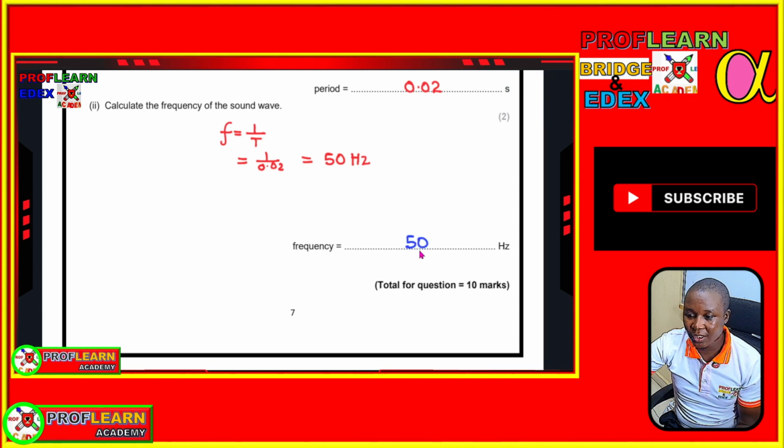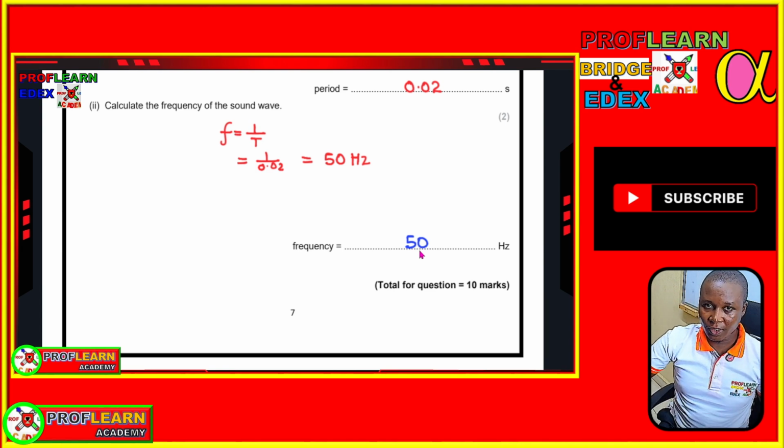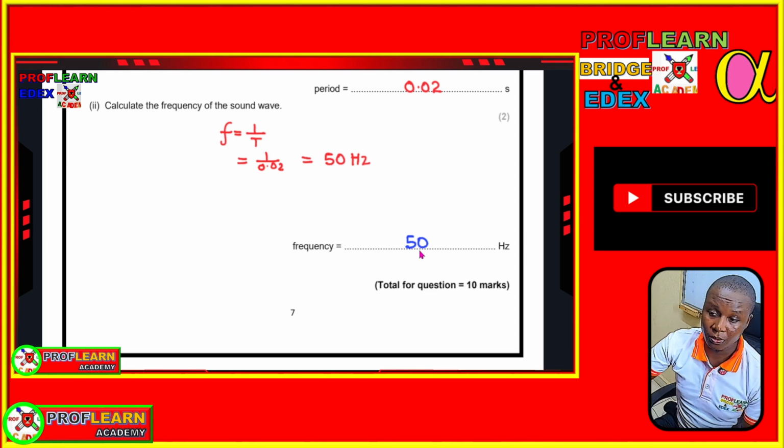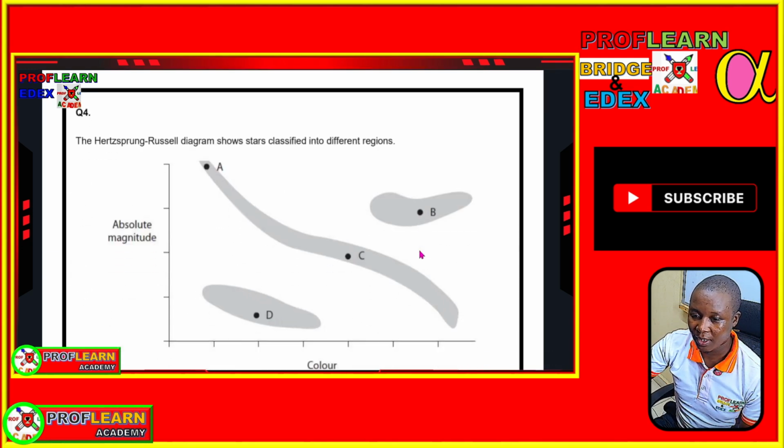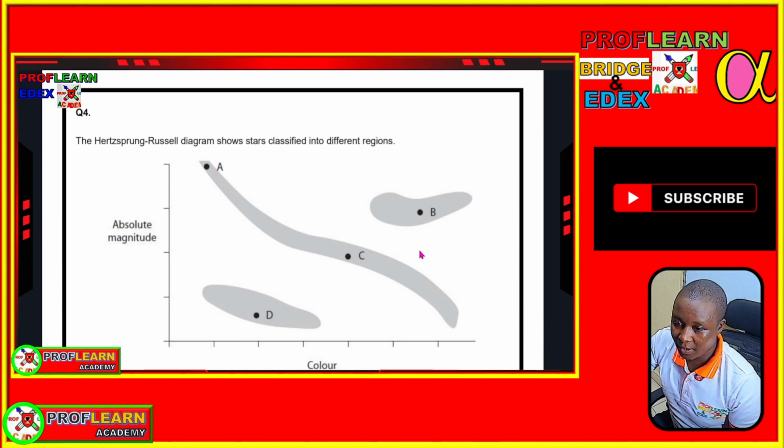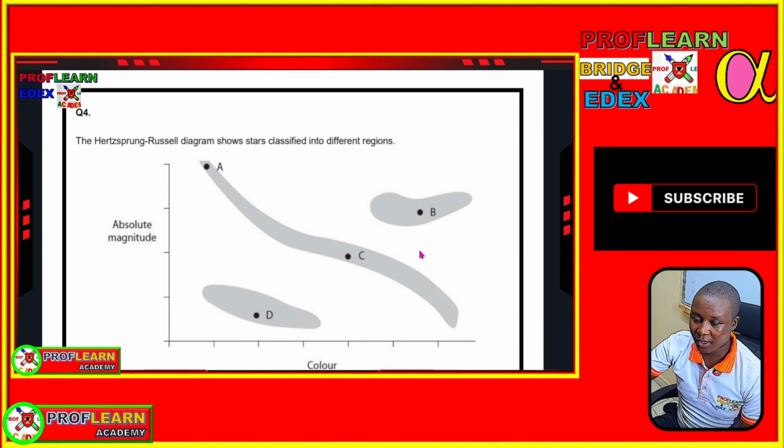In the event they want you to work out speed, they must give you the wavelength, and then you use the wave equation v equals f lambda, and we can work out the speed of sound from the oscilloscope. Once you have the wavelength and the frequency, speed is frequency times lambda.